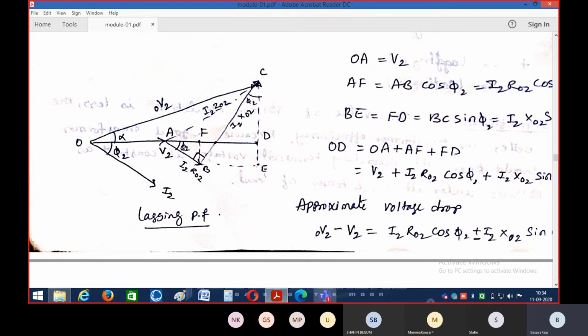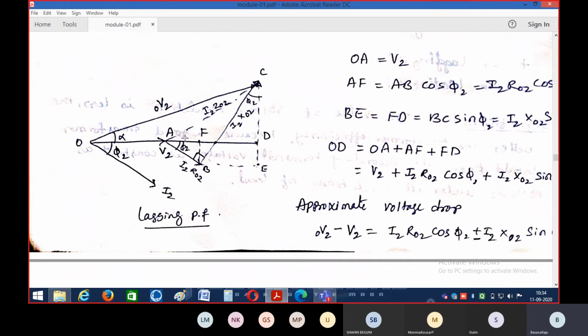The I2 R02 vector has the phase angle of I2. This AB vector which I have drawn is parallel to I2 only. So with respect to this horizontal axis, whatever phase angle the I2 vector has, the same phase angle the AB vector also has. So that angle I have represented with phi 2.